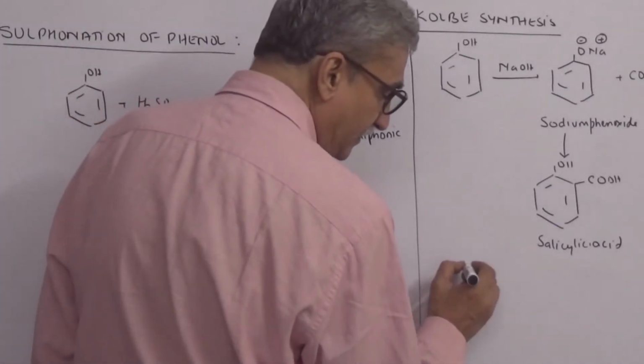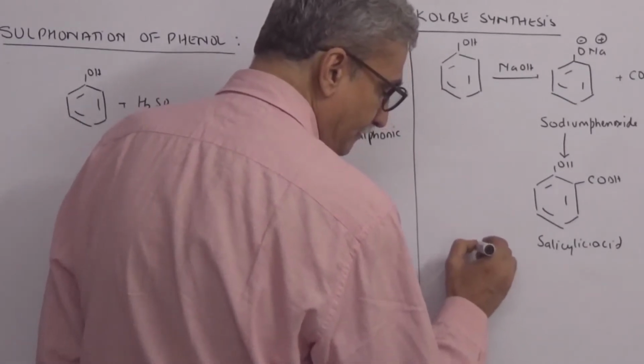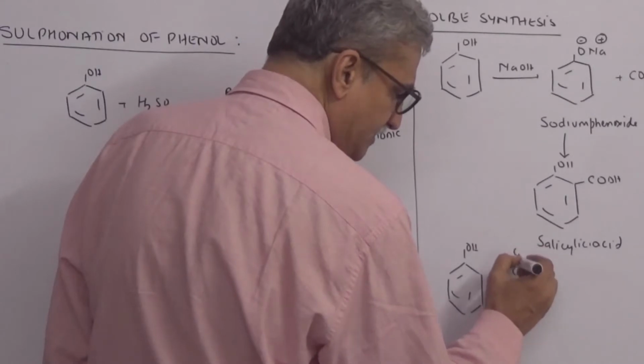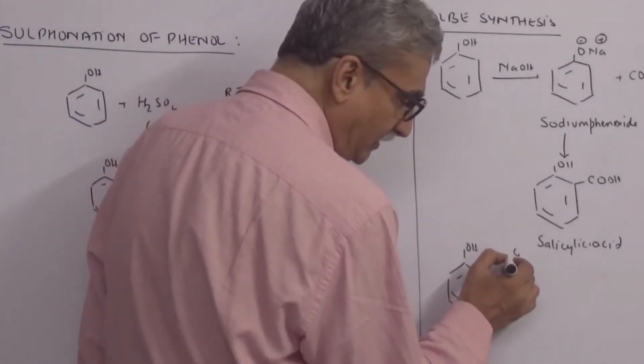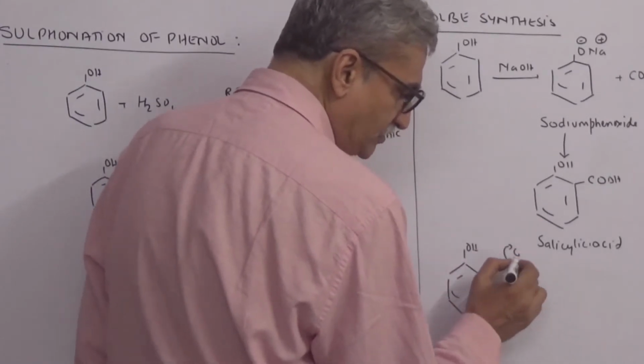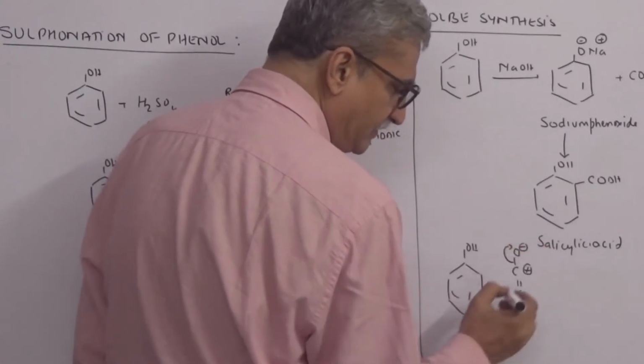Look, I'll explain. You have phenol, and when you have carbon dioxide, C double bond O, there's a shift in the bonded pair of electrons. Carbon is going to become positive and oxygen is going to become negative.